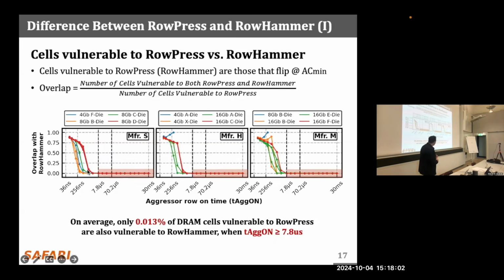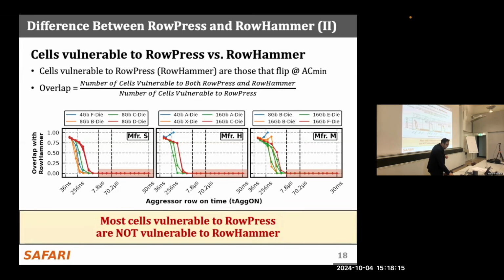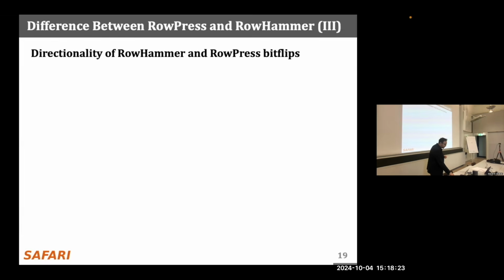So on average, only a small fraction of DRAM cells are vulnerable to both RowPress and RowHammer. So it tells us that these are actually inducible bit flips in different types of cells. Most of the RowPress vulnerable cells are not vulnerable to RowHammer.